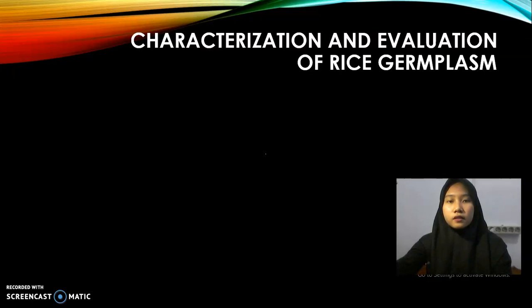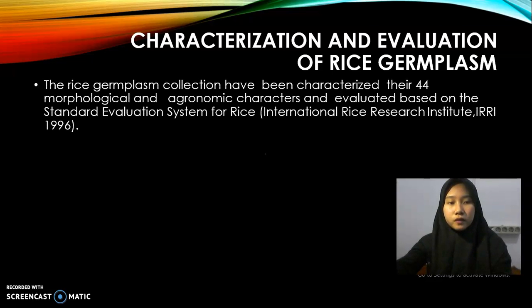Next is characterization and evaluation of rice germplasm. Based on data from the International Rice Research Institute in the year 1996, the rice germplasm collection has been characterized for 44 morphological and agronomic characters and evaluated based on the standard evaluation system for rice.